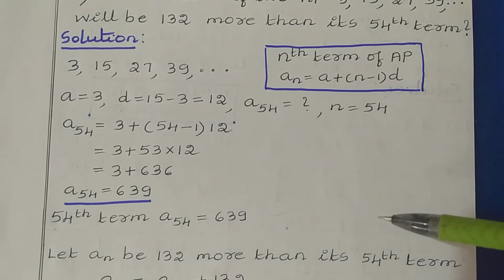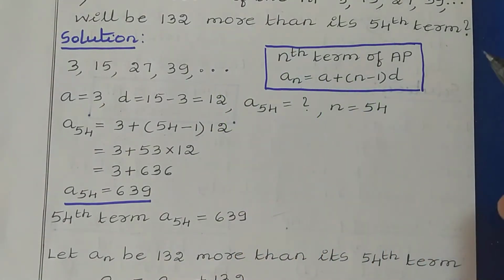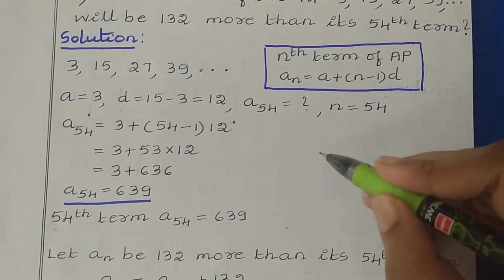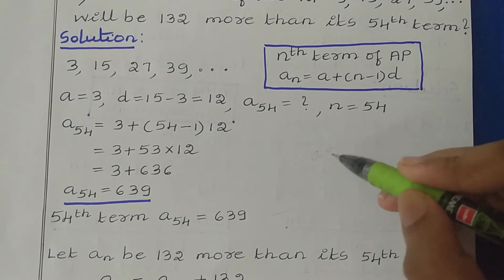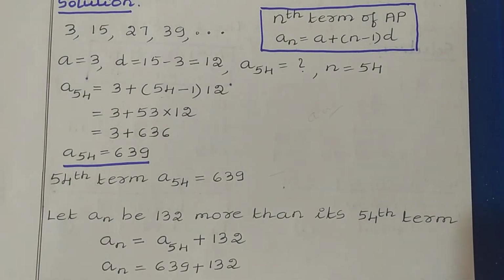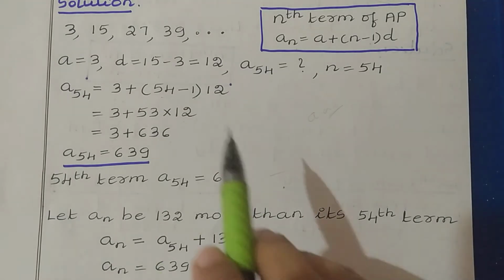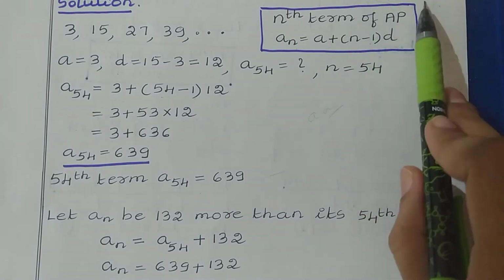Next, in the question, we need to find the term, and that term is 132 more than its 54th term.